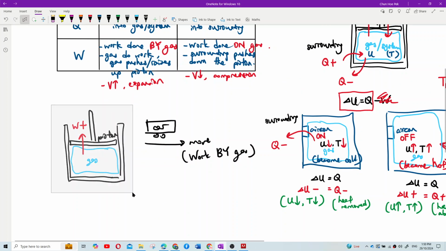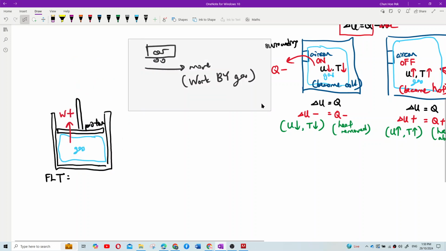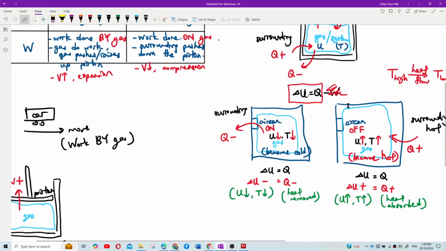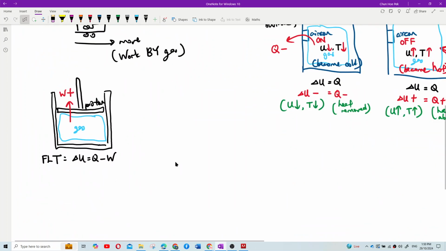Okay, need some space below here. Okay, first law of thermodynamic, delta U equal to Q minus W. Okay, right now I don't want to consider about the Q. Now let's say I bring out the Q. I don't want to talk about the Q. So only have delta U equal to minus W.